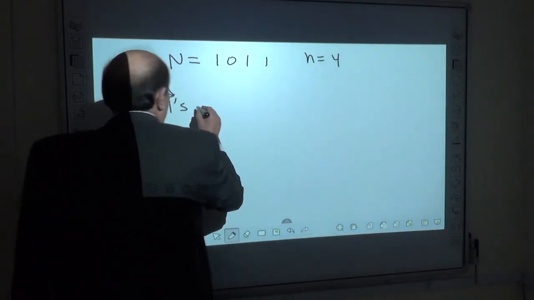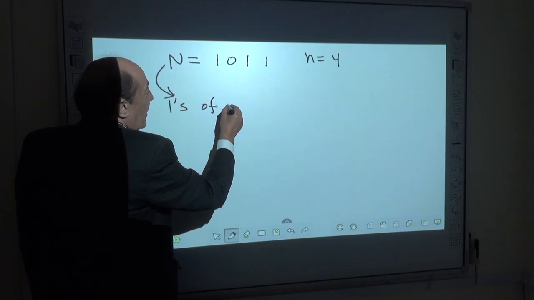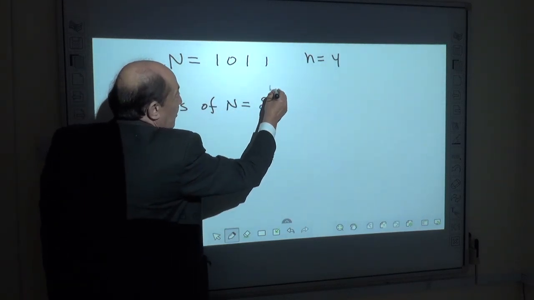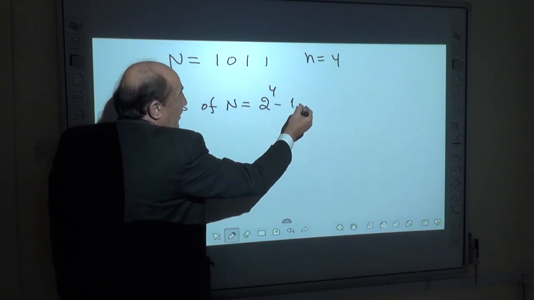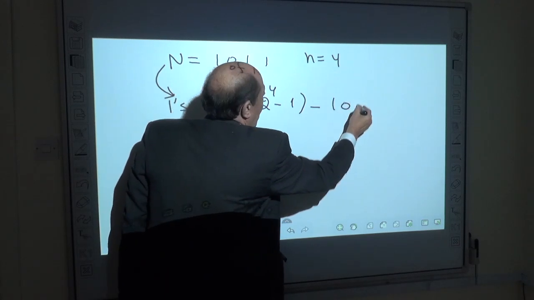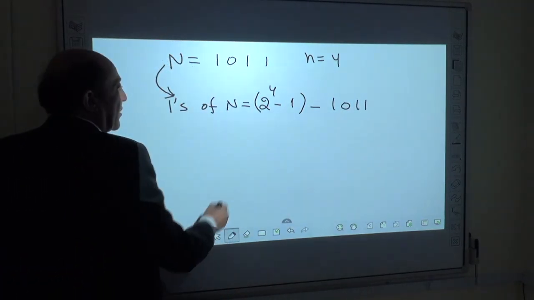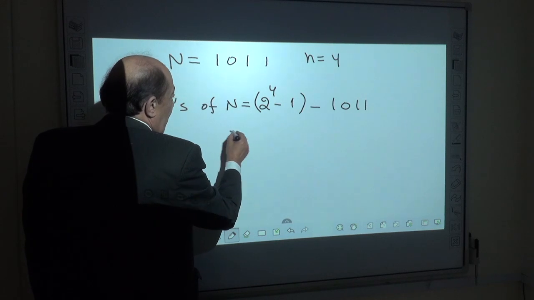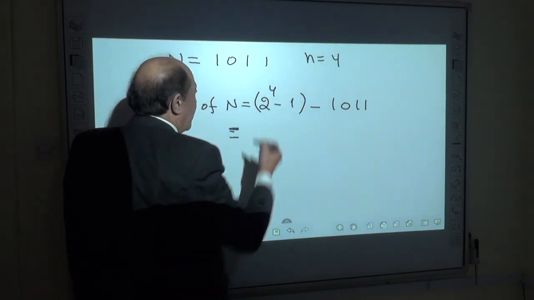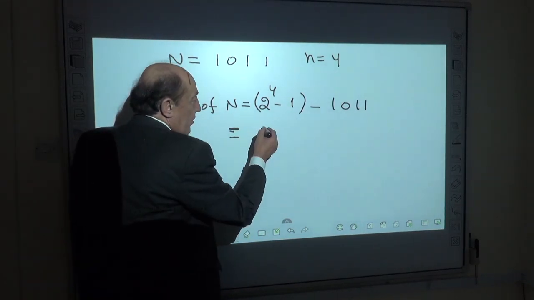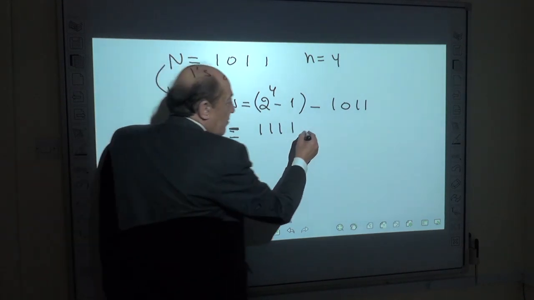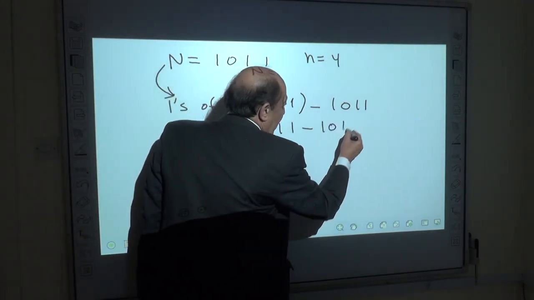So the 1's complement of n equals 2 to the power 4 minus 1 minus the number 1011. We already know that 2 to the power 4 minus 1 is 4 ones, minus 1011.